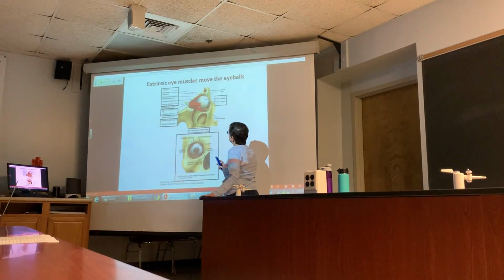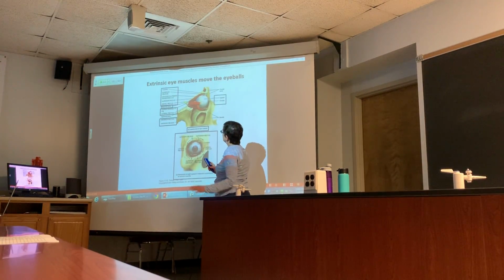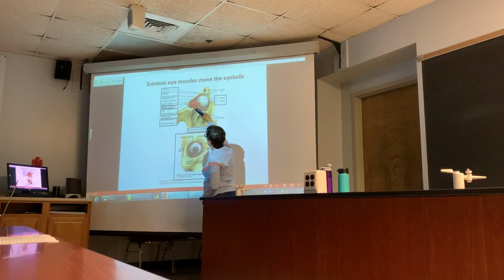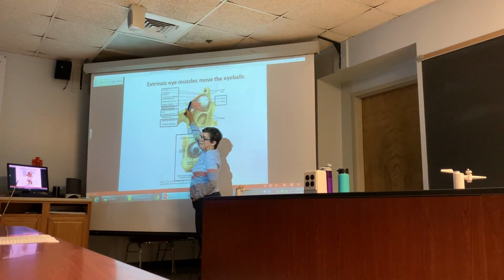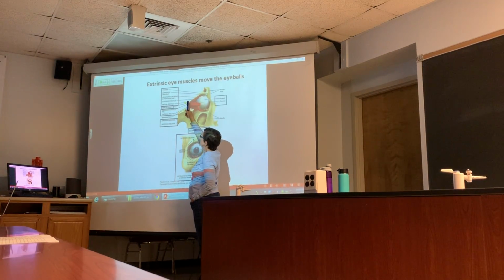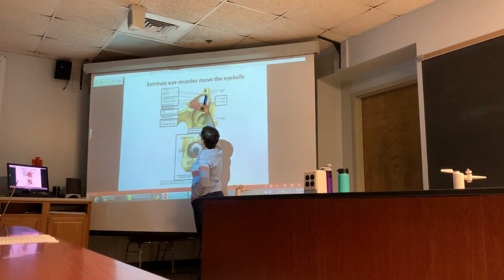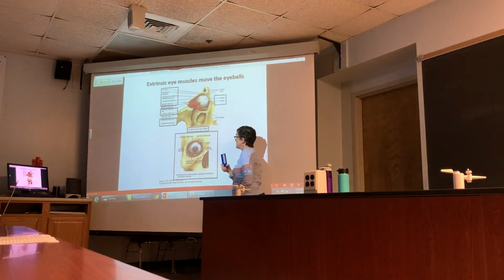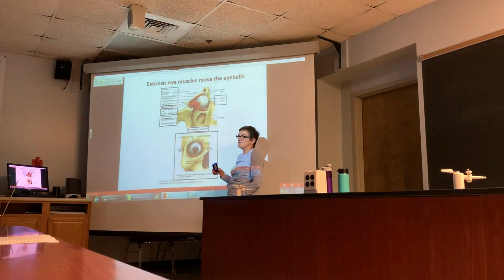And here are those extrinsic eye muscles. You may recall, let me first say, all but one originate at the back of the eye. They all originate on what's called the common tendinous ring, and they all insert on the sclera, or the white of the eye. They pull the eye in different directions. I'm not going to worry about the different muscles, but just know them as the extrinsic eyeball muscles.